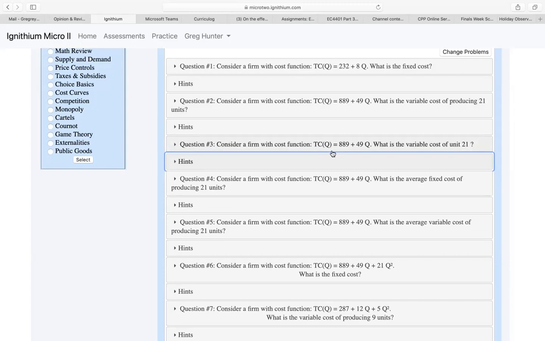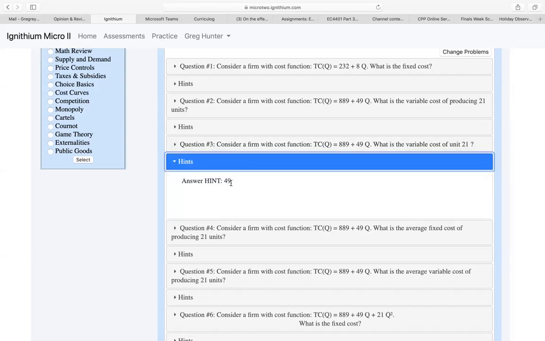Marginal cost is closely related to variable cost. They're not the same. But if we think about how much it costs to produce a unit at a time, since we have constant marginal cost, every time we produce one more unit, whether it's the first unit or the 21st unit, our costs go up by exactly $49. Does that make sense?